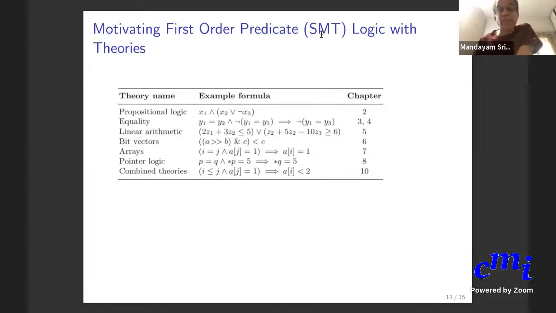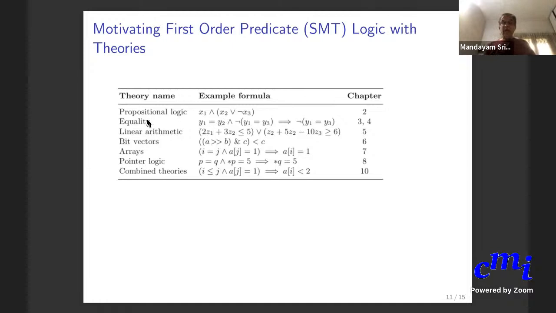Z3 is an SMT solver, the most sophisticated. It sometimes restricts the kinds of theories that an SMT solver like Z3 is able to solve satisfiability over.